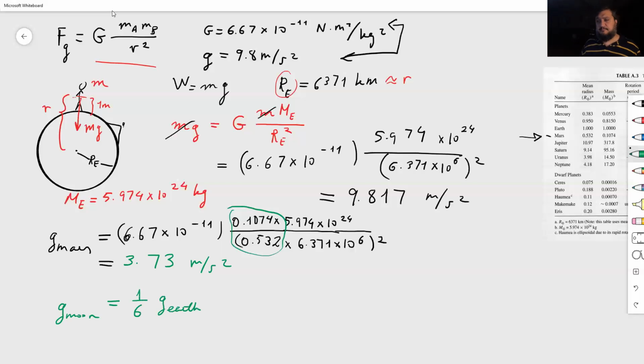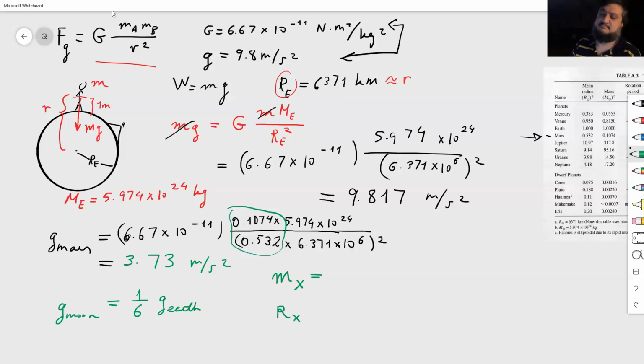All right. So you can come up with some hypothetical situations. Let's say planet X, okay? Some planet X with radius Rx and mass Mx.